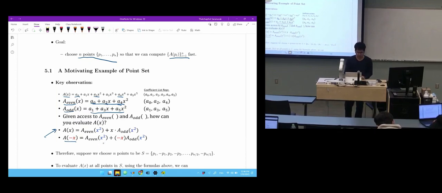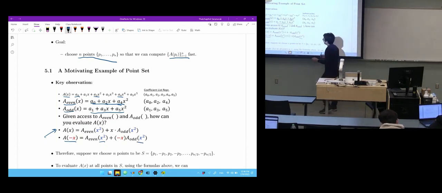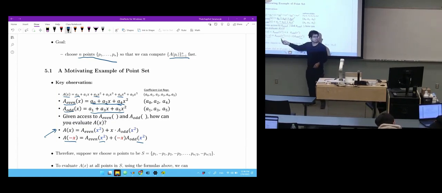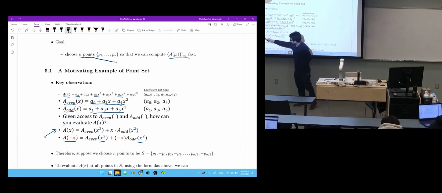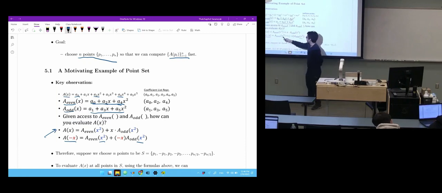So now what's good about these two things? Now you see that this looks like something that we can reuse. Once you have computed this thing, by recursing on this and this, to compute the evaluation at minus x, you can just reuse this too.